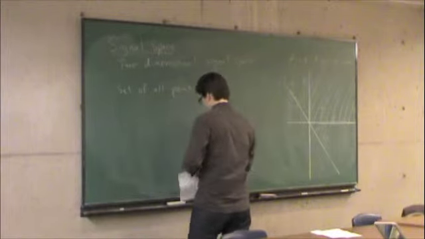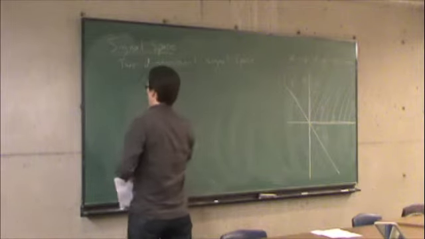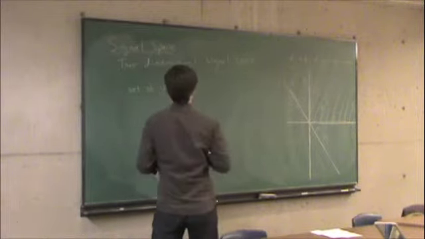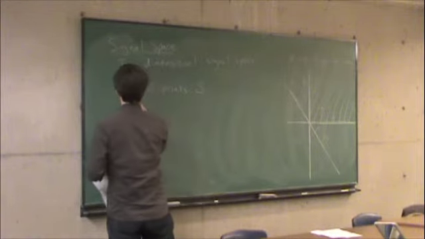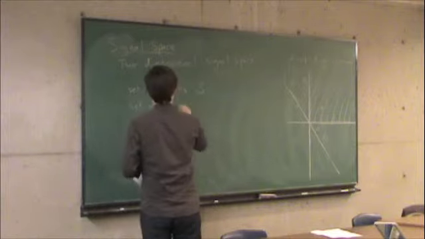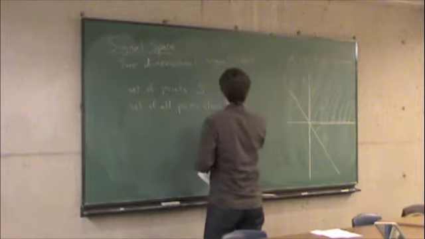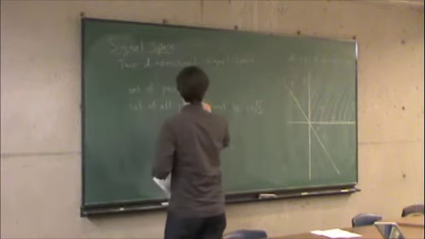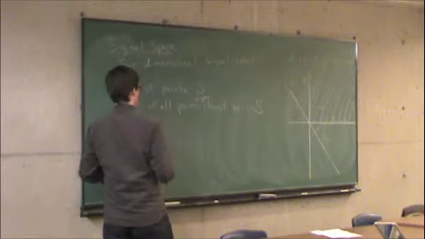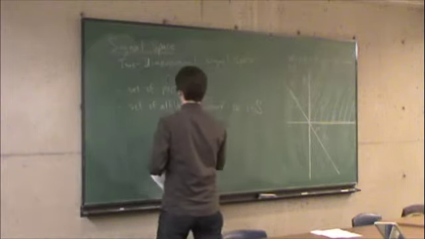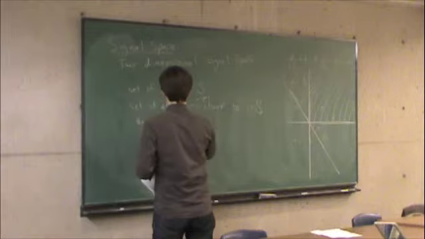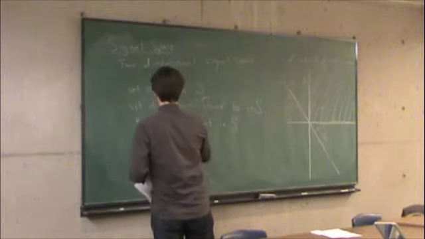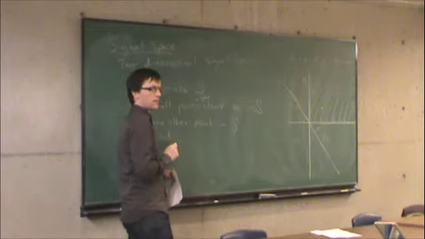If I have a set of points, let's call it script S, and some point, the set of all points in space, not necessarily an S, closer to S in script S than any other point in script S is called, does anybody remember the term? It's called the Voronoi region.